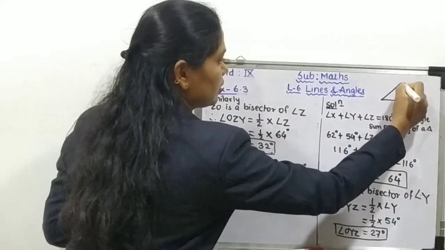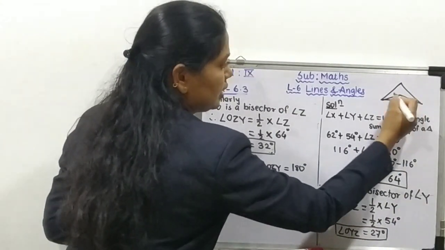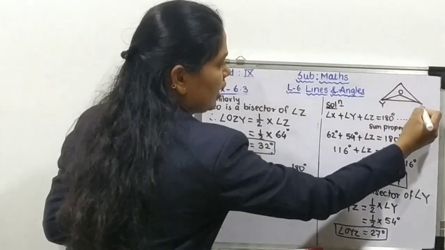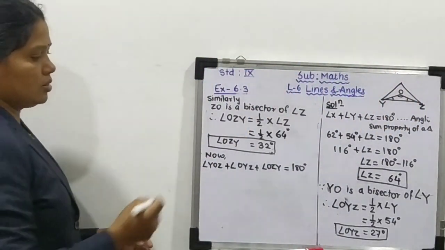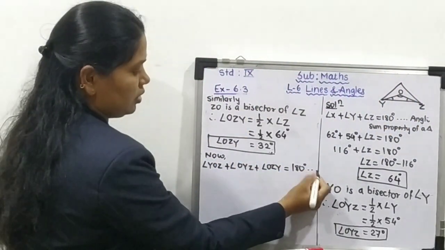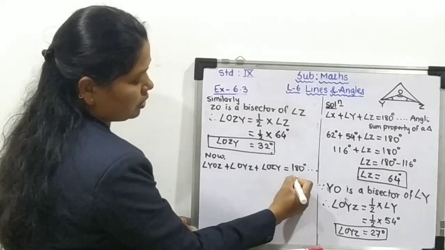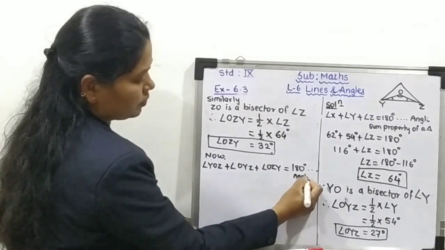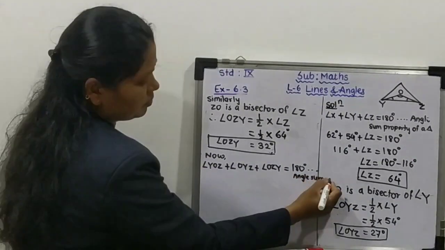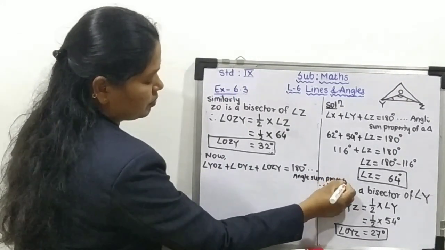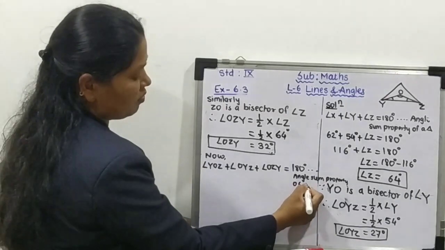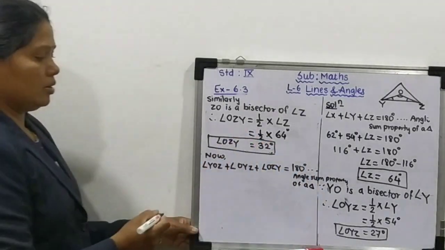See, like this, no? A, O, Y and Z. So one by one we are adding these three angles. So we'll write here by angle sum property of a triangle. Right?